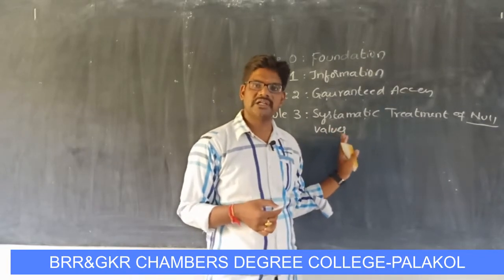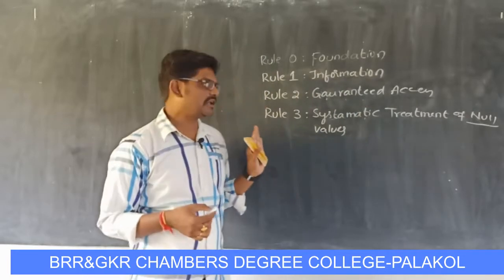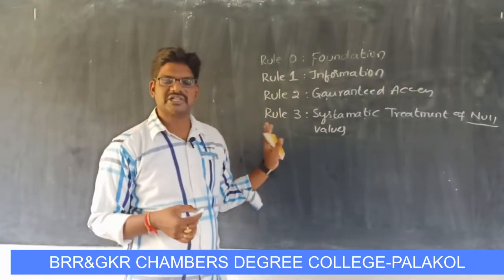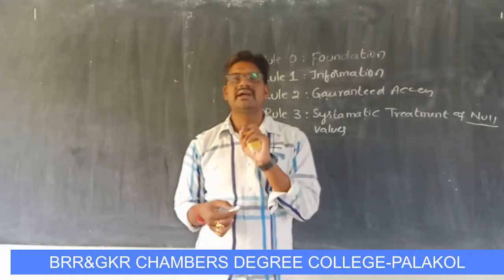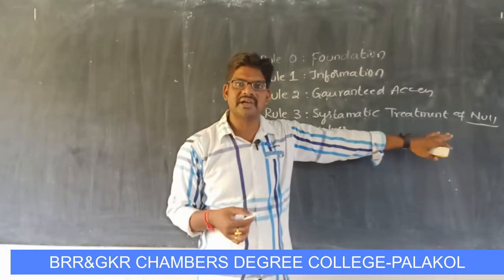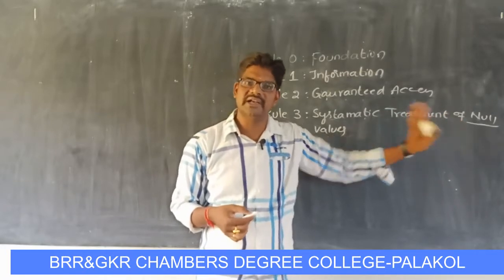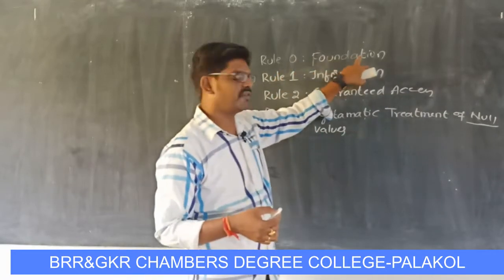Not only the original data, we have to maintain the null values also in the relational database. It is independent of the data type. The null values do not depend on any one data type. So rule 0 is the foundation rule.